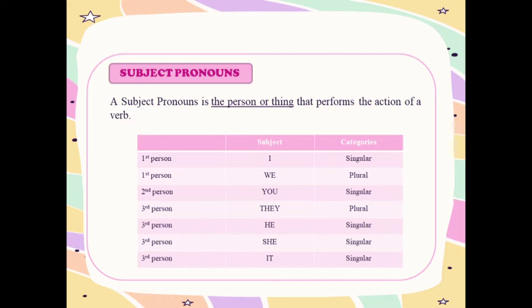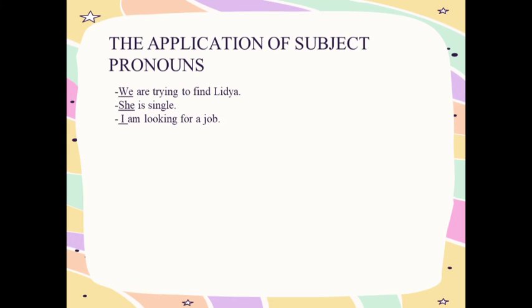She refers to the third person female in singular. And lastly, it refers to the third person who is non-human, such as an event, animal, or thing, in singular.